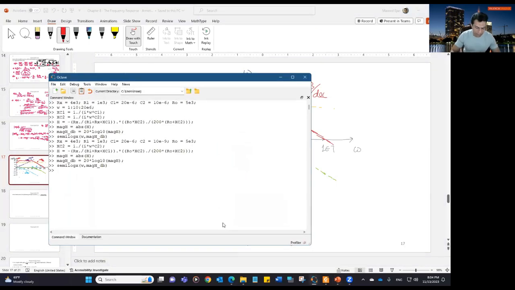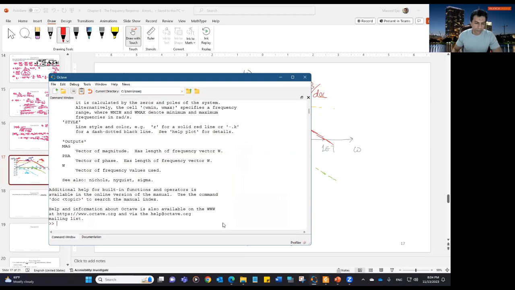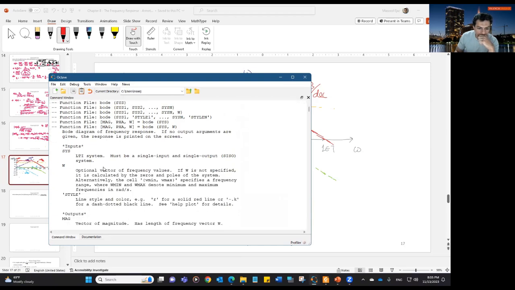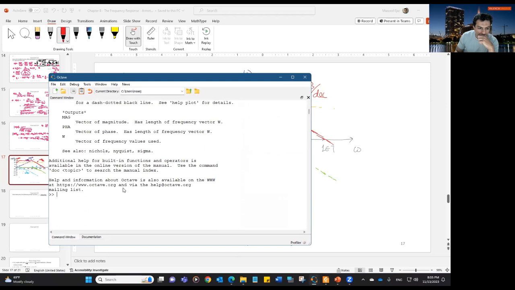I forgot. I think I have used it. Bode. Okay, let's see. Bode system. Okay, let's define the system and then see how we plot it. So my system is a transfer function.